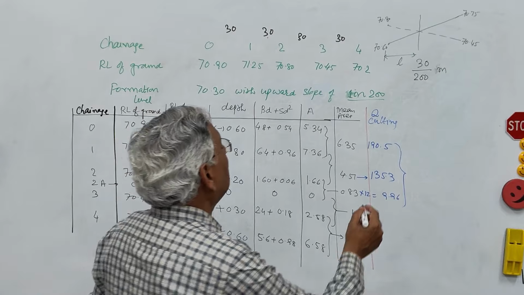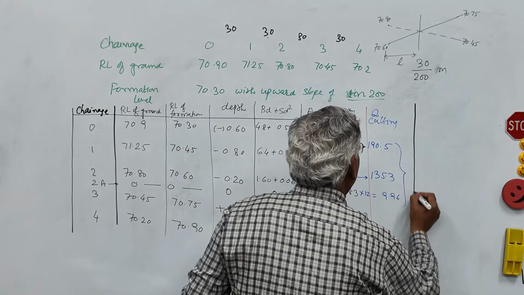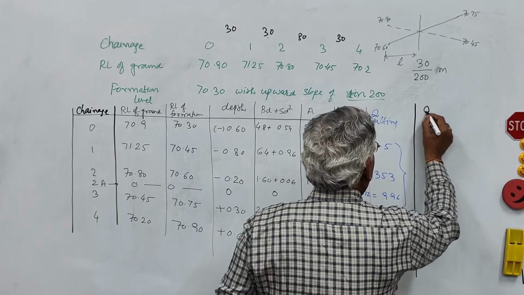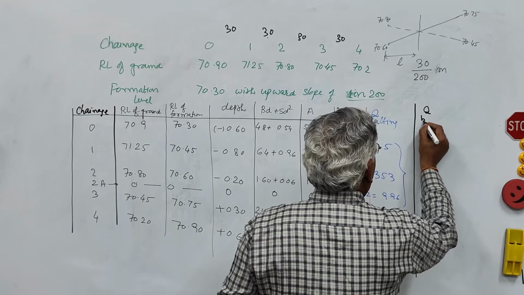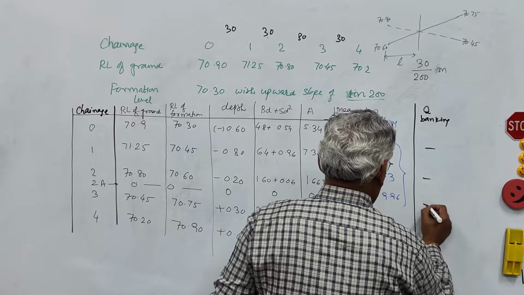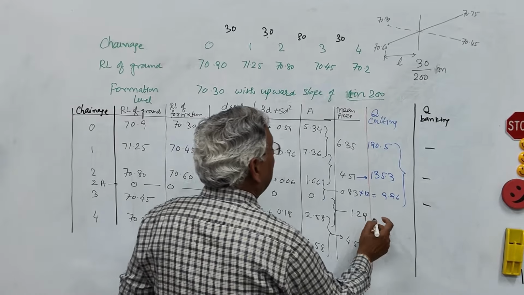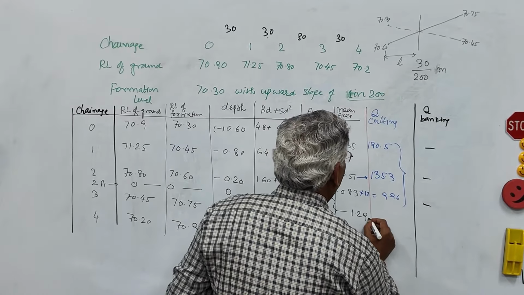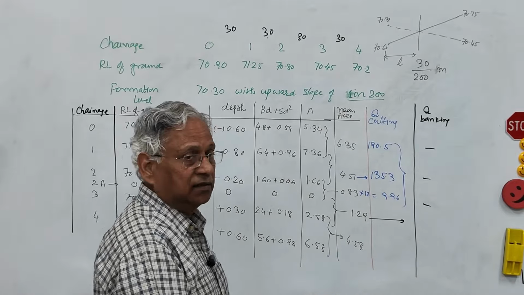So make one more column here. Now quantity in cubic meter in banking or in filling. So here you start 1.29 multiplied by 18 meter.